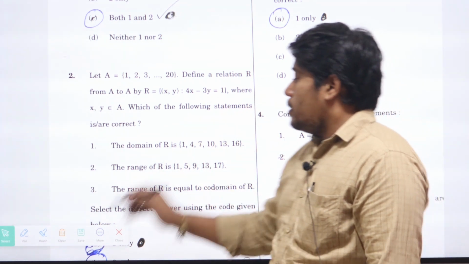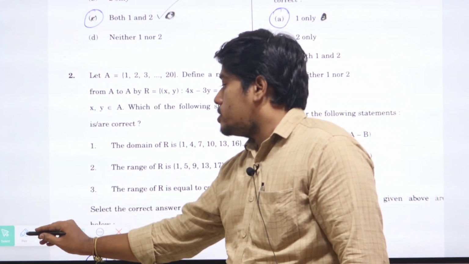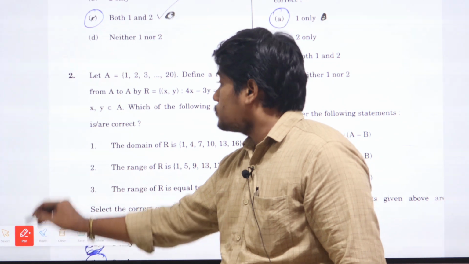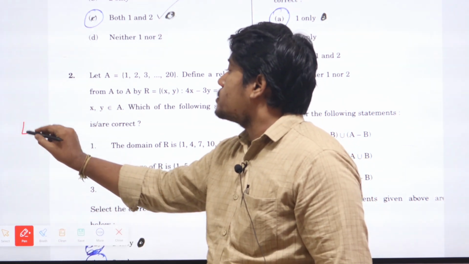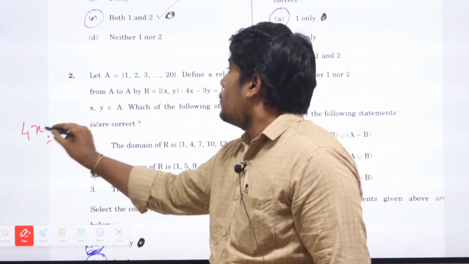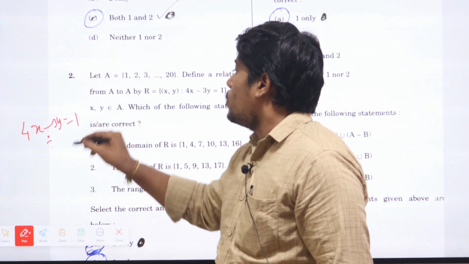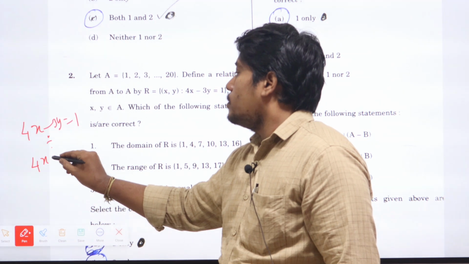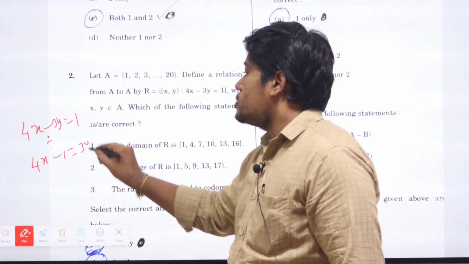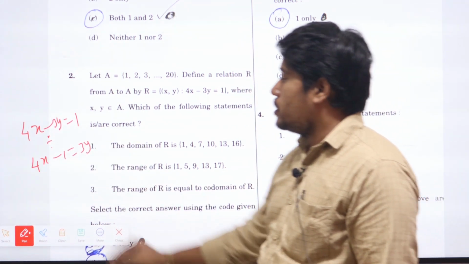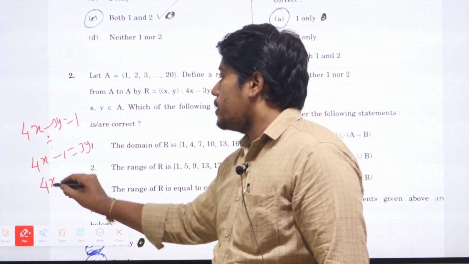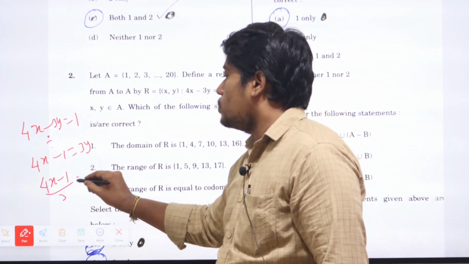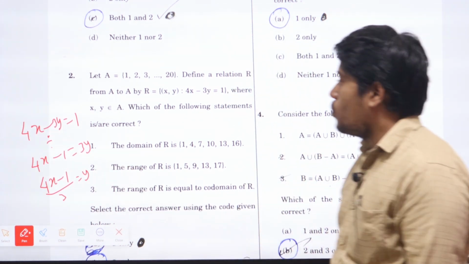So first of all, we have to rearrange 4x minus 3y equal to 1 and interchange, giving 4x minus 1 equal to 3y, and finally (4x minus 1) divided by 3 is equal to y. So this is a function of x.